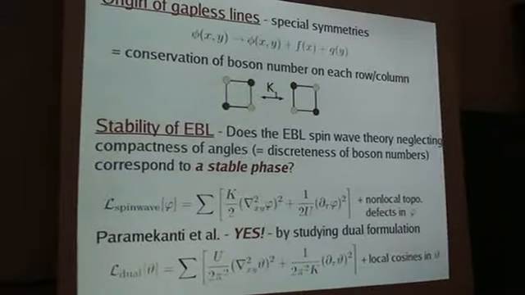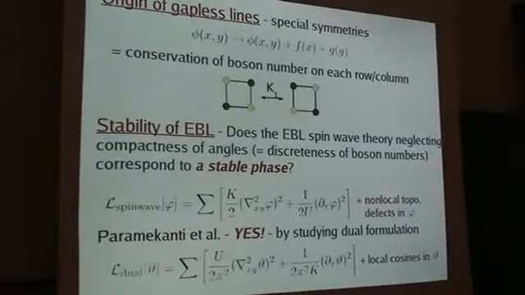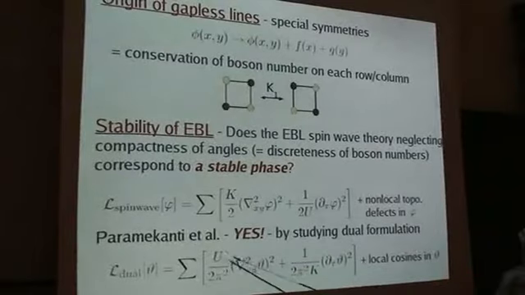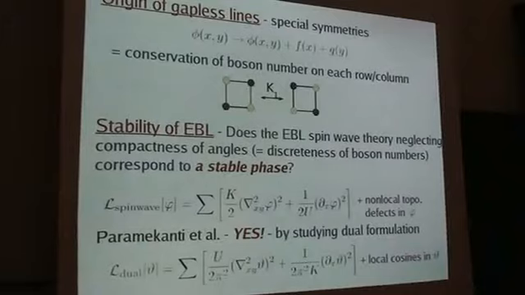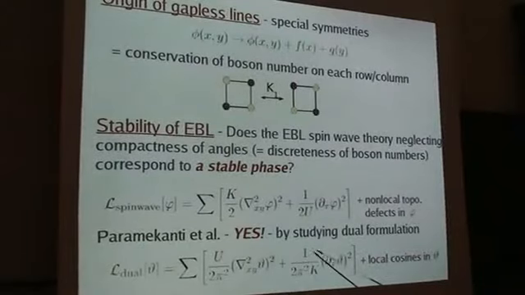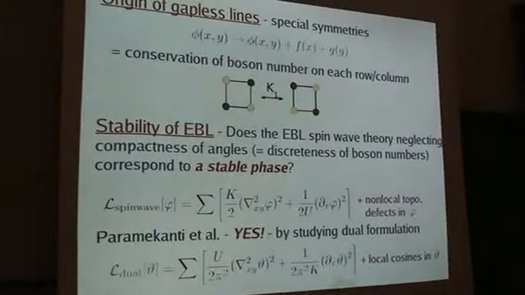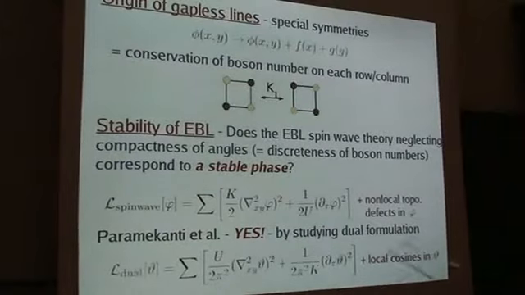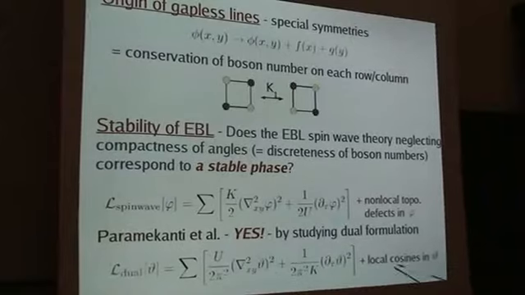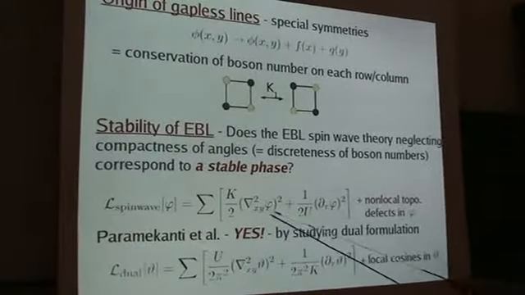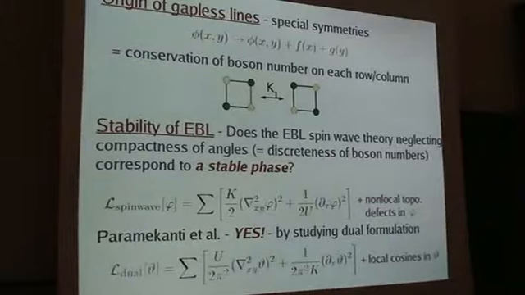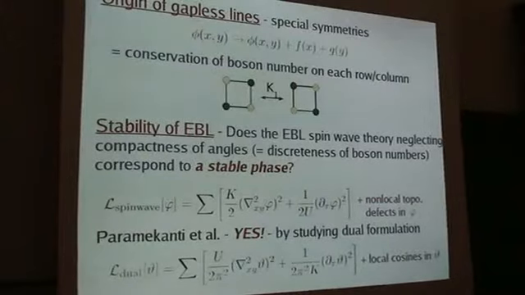As a matter of principle, it is possible, though probably not in the simplest model. It is possible to find that these local cosines are irrelevant, and boson hopping, which is a local cosine in the phi fields, is irrelevant.